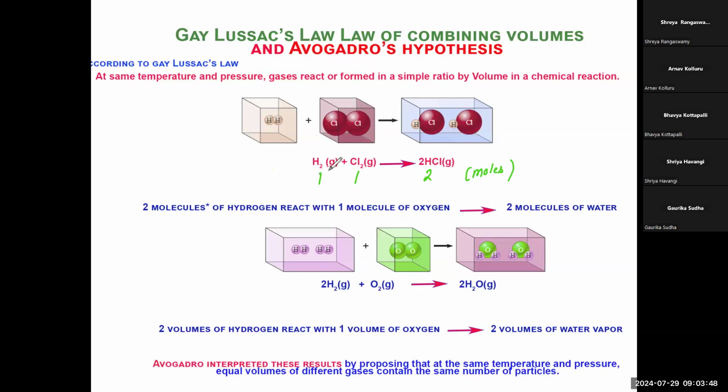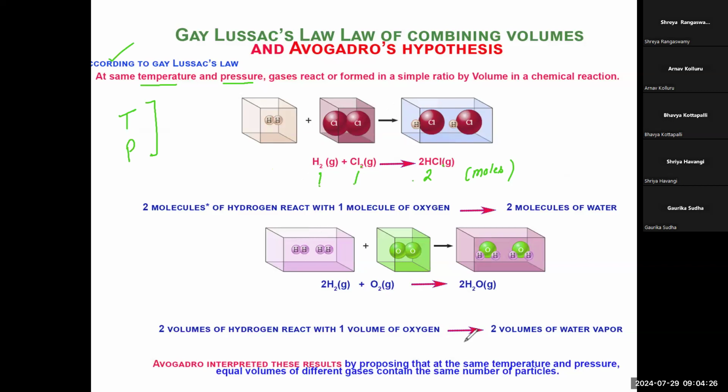1 mole of H2 reacting with 1 mole of Cl2, giving us 2 moles of HCl. Correct? Now, let's see Gay-Lussac's law. If the temperature and the pressure of these containers are kept constant, meaning all these gases are at the same temperature and same pressure, then this molar ratio is the ratio of the volumes also.